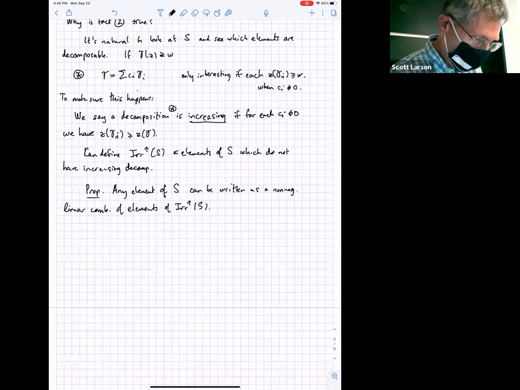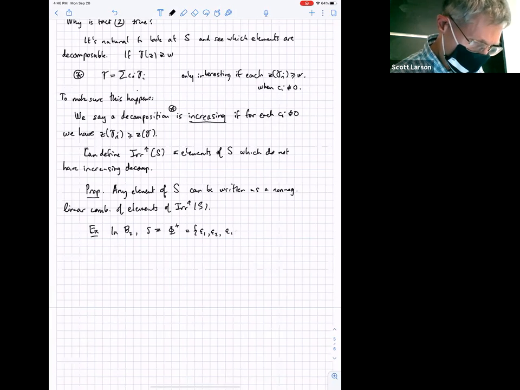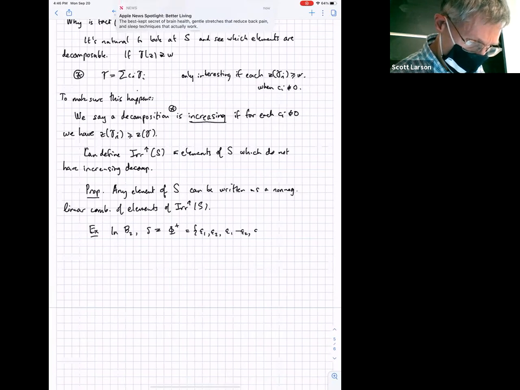So here's an example to show why it's not completely trivial. I mean, in the end, it'll sort of work out. Consider B2, and let's say S is equal to the positive roots, taking the long element of the Weyl group, which is epsilon 1, epsilon 2, epsilon 1 minus epsilon 2, epsilon 1 plus epsilon 2.